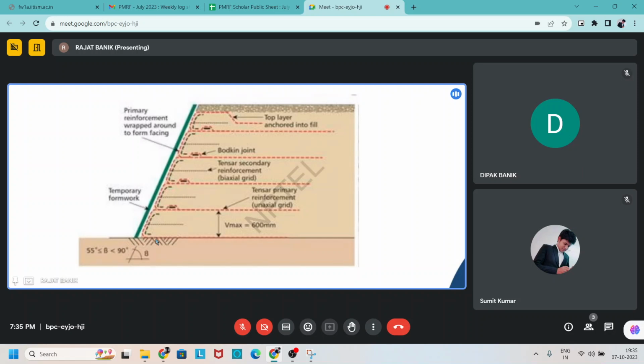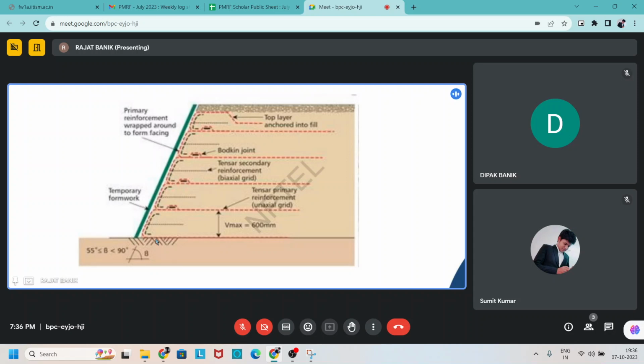One layer after one layer we create by this geosynthetic material, and first we lay one geosynthetic layer. Over this we put some good strengthened material, like a mixture of gravel and sand, compact it, wrap and fold it, and one layer is created.